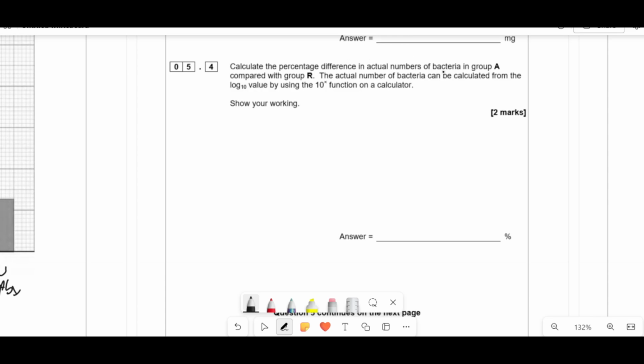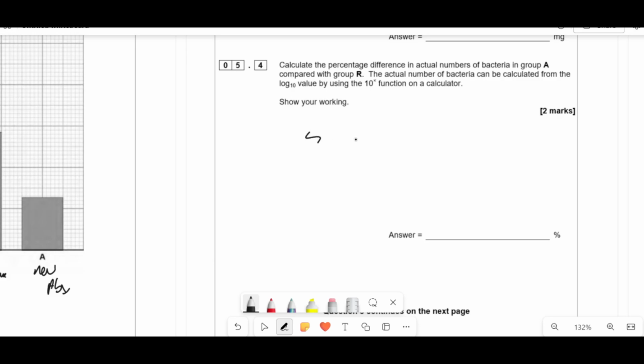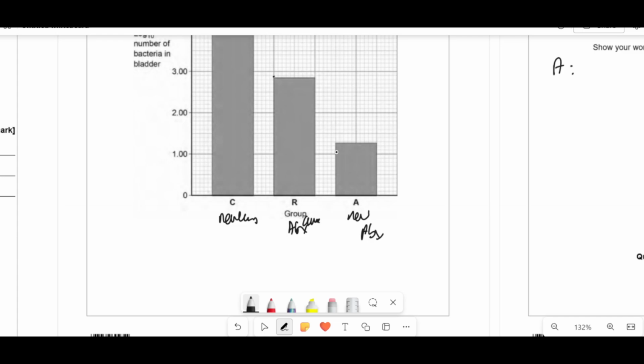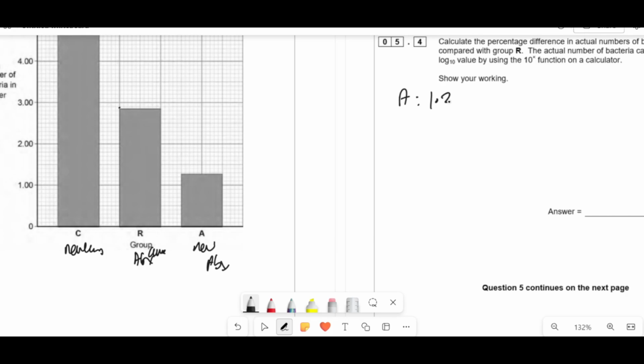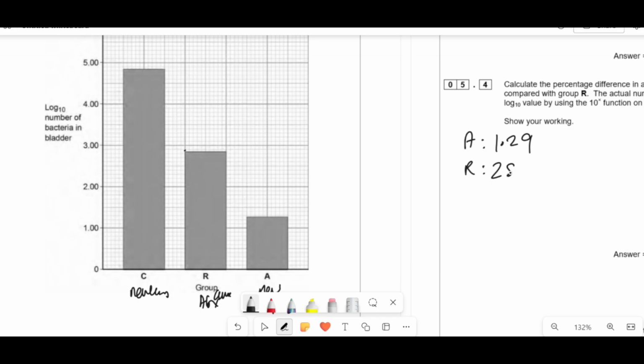Then it says calculate the percentage difference in the actual numbers of bacteria in group A compared with R, and the actual number can be calculated from the log 10 value by doing 10 to the x. So show your working. It's the difference in the actual numbers of A compared to R, so we need to look at the actual log 10 numbers of A and R. If you look at A, that's about 1.29, maybe. If you look at R, 2.85.